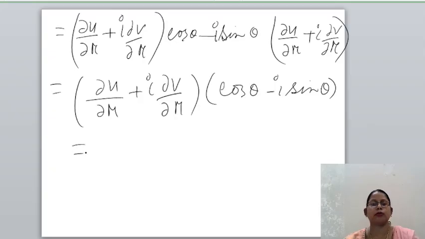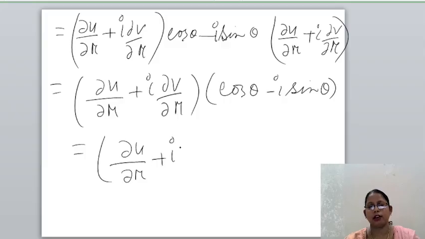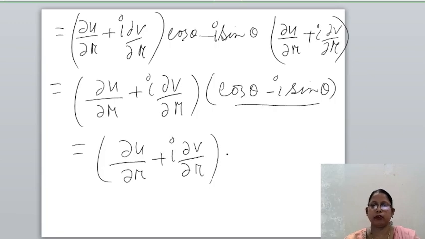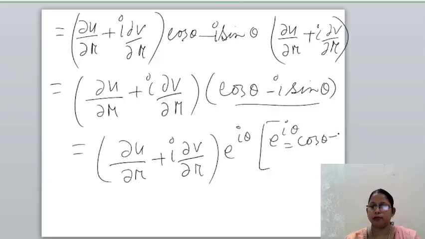Sin theta, del u by del r plus i del v by del r. This is equal to e to the power i theta from the exponential function. This is equal to cos theta minus i sin theta.